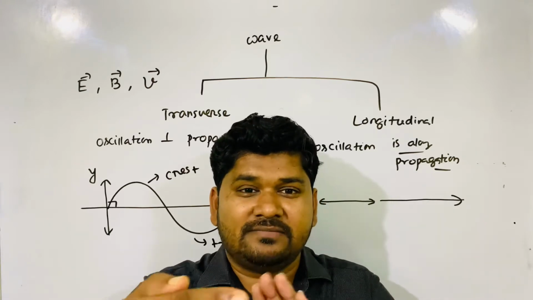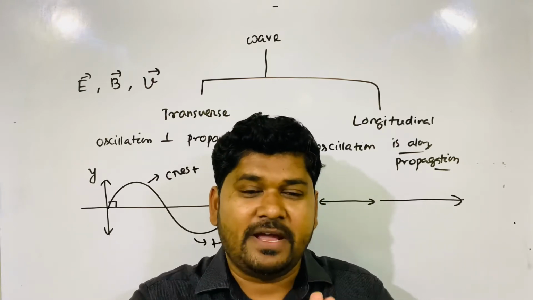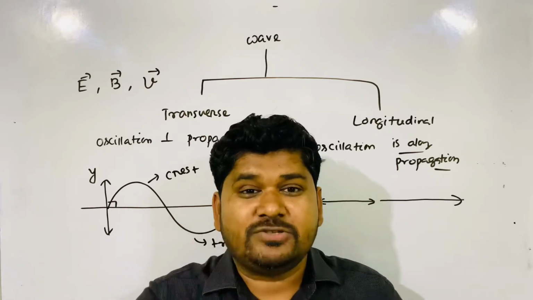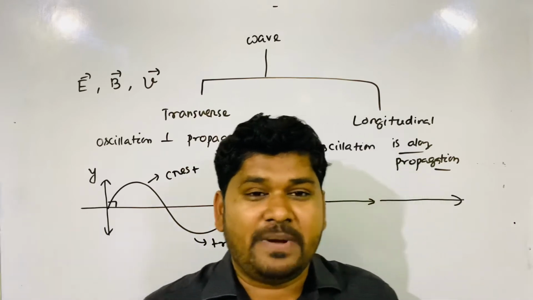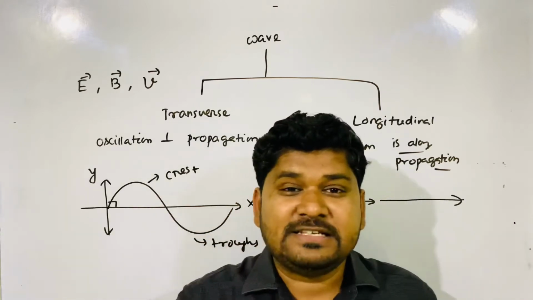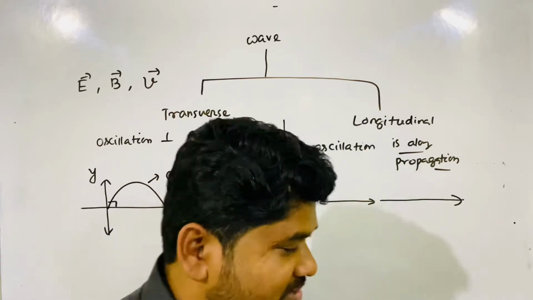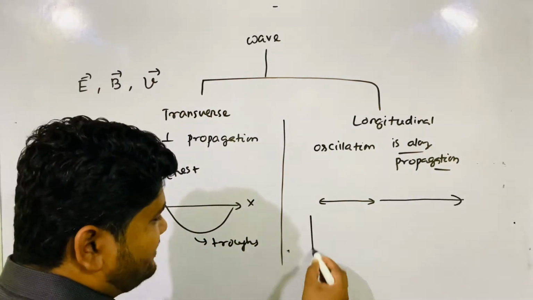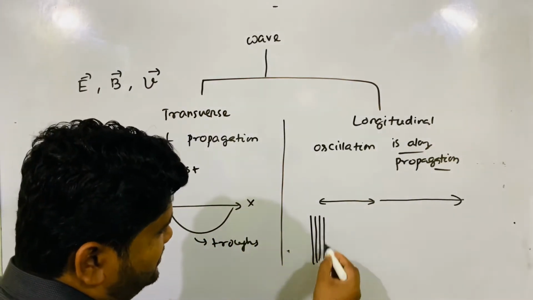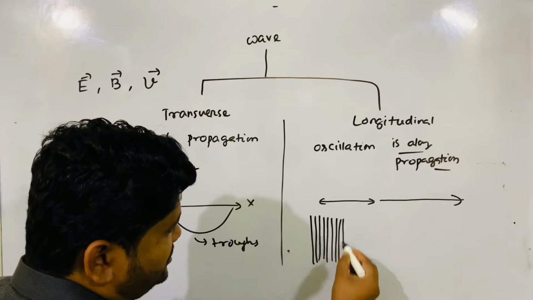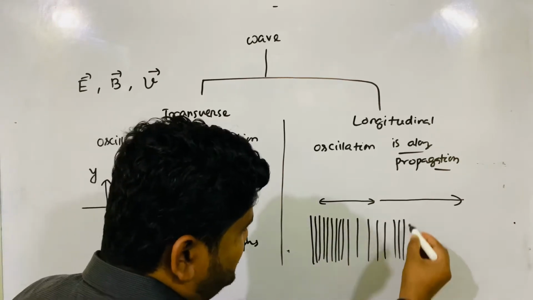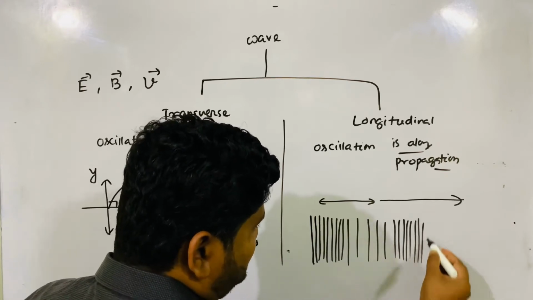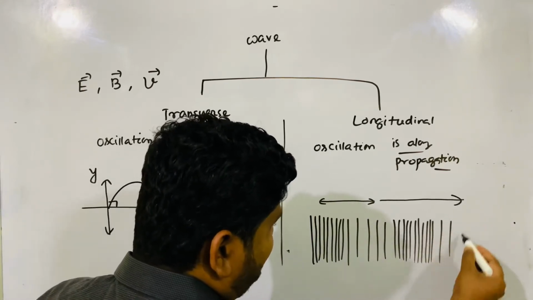Again that air is first compressed, then rarefied. When rarefied again, it compresses the next air. So like this, the longitudinal wave propagates, forming compressions and rarefactions. See, this is the compression region, then rarefaction, then compression, then rarefaction.